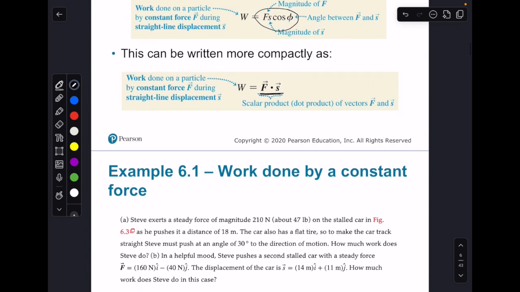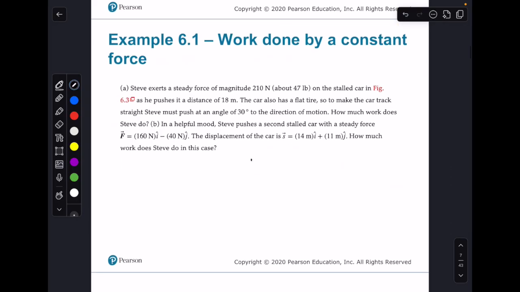The car here is the object that's moving. So the displacement of the car is going to be along the road in a straight line. The force that's being applied is a pushing force, so it's going to be in the same general direction of the displacement, but at an angle of 30 degrees from the displacement.